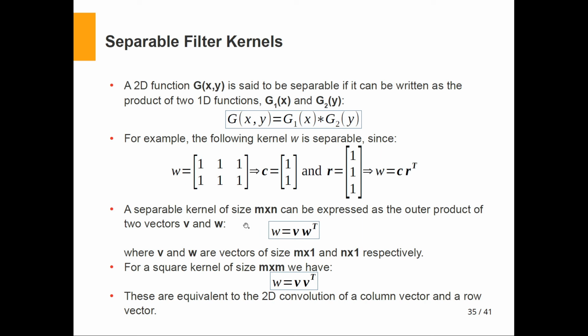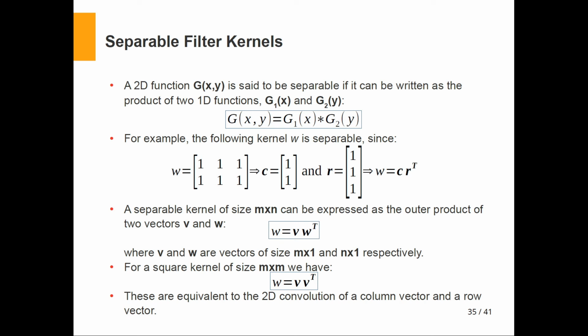So if we have a separable kernel of size m by n, we can express it as the outer product of two vectors v and w, in which v has m rows and one column, and w has n rows and one column.